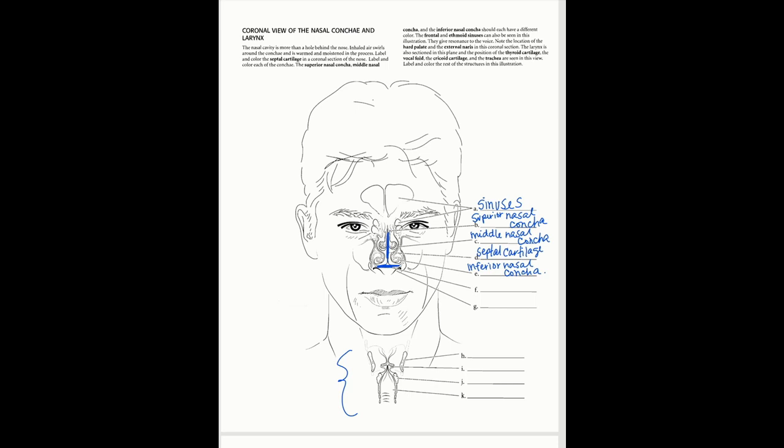If you were to go deeper into the nose, cut off the front part of the maxilla, you would get to the hard palate. And then, as we already know, the nostrils here are the external nares.